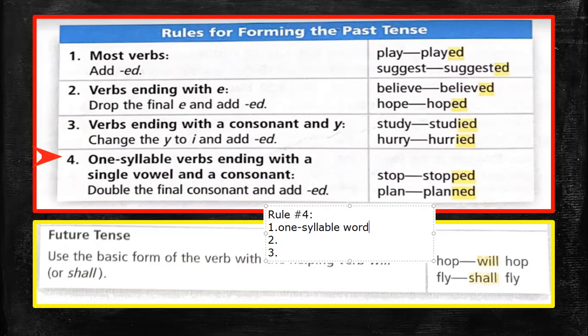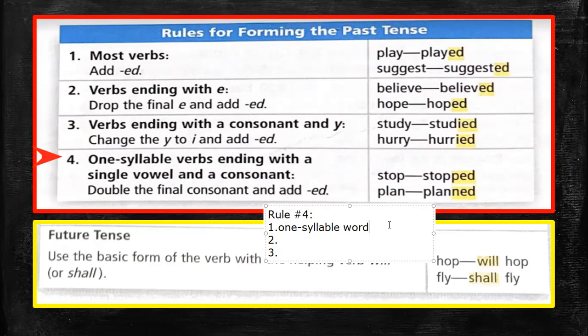So 1-syllable word, and go ahead and draw a little box next to 1-syllable word. So every time you work with words that you think that you might need to double the consonant, these are the 3 things. You can just put a little check mark next to it so that you know, okay, it has this, we're heading in the right direction, sort of, okay? So they have to be 1-syllable words.